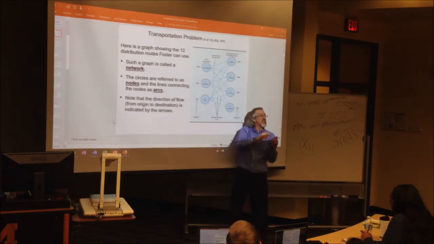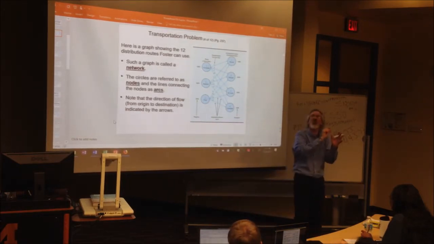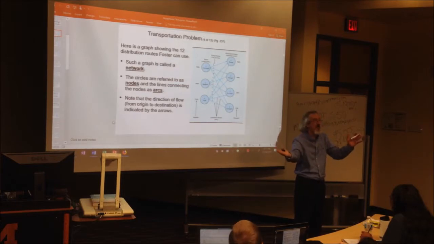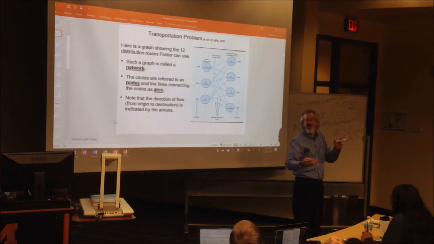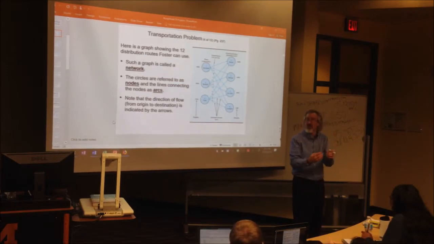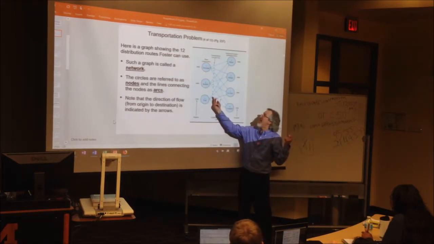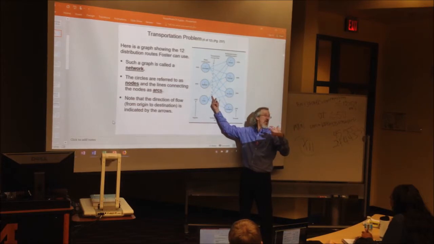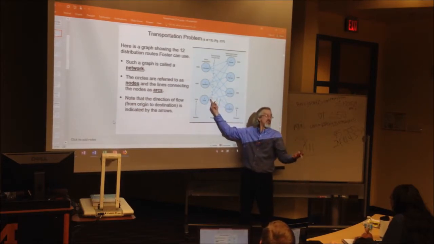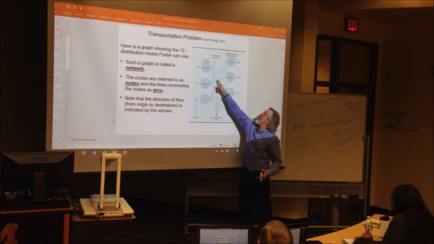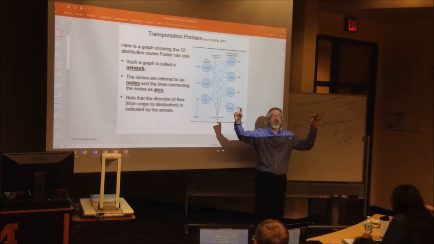Those numbers represent, in most cases, the cost to ship that, or the amount of miles. Usually you're wanting to minimize something. This could be the amount of time, the cost, or the amount of miles. It's almost always minimized in most cases. I'm not going to try to trick you. And it's the only time you use those numbers is in the objective function.